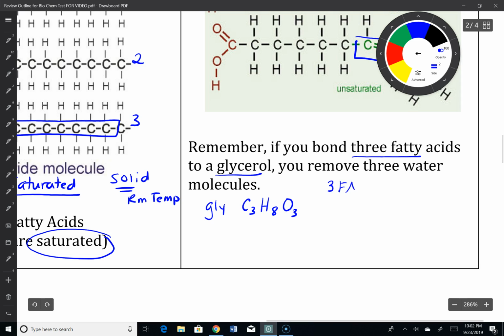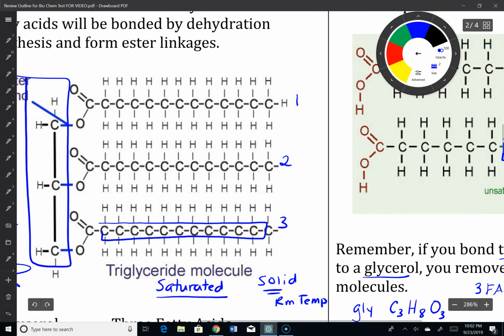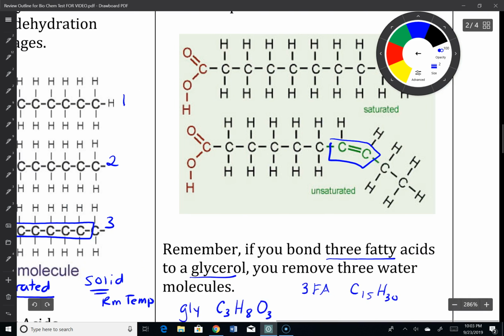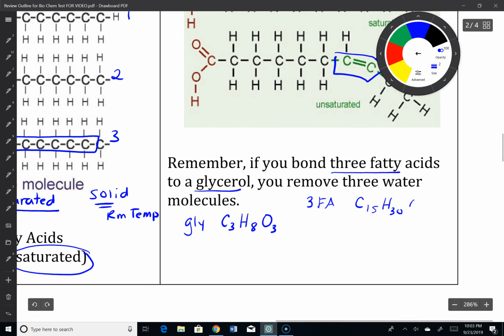And let's say that I have 3 fatty acid chains. Let's make that up and say it's C15H30. So we know that it's going to be a saturated fat. And let's put, I don't know, O2 at the end. Whatever, it doesn't matter.